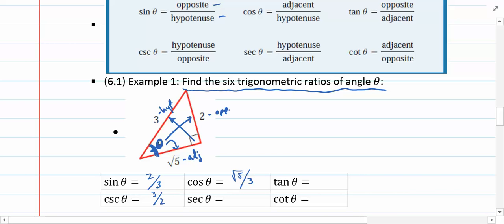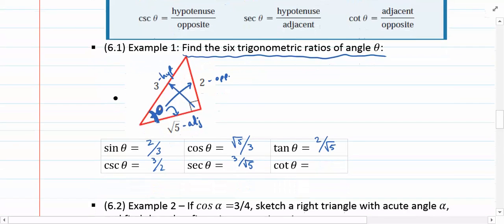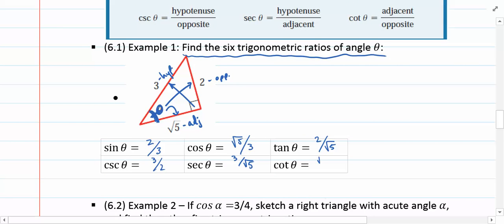Secant is the inverse of that, so we have 3 divided by the square root of 5. Tangent, which is opposite divided by adjacent, is 2 divided by the square root of 5, and the cotangent is the square root of 5 divided by 2. It's just the inverse of the ratio above.